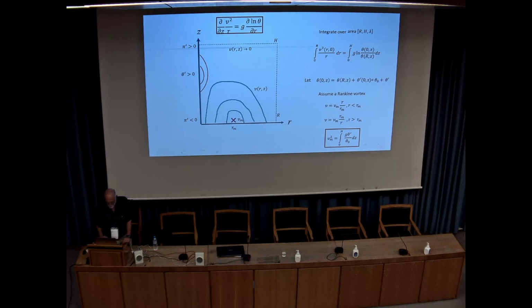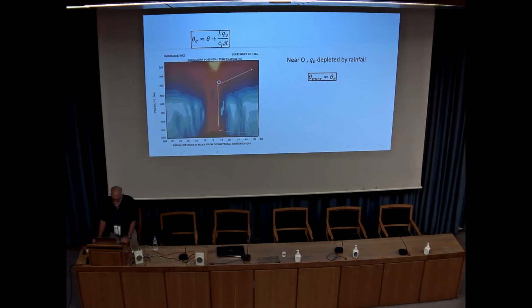And you still have to satisfy an equation like this. In order to have a strongly circulating V, you have to somehow increase the temperature perturbation, just like I showed in the simple example with the ball on a string.